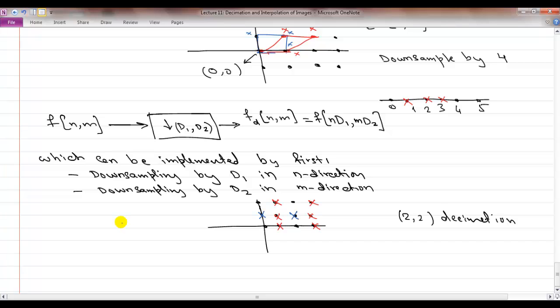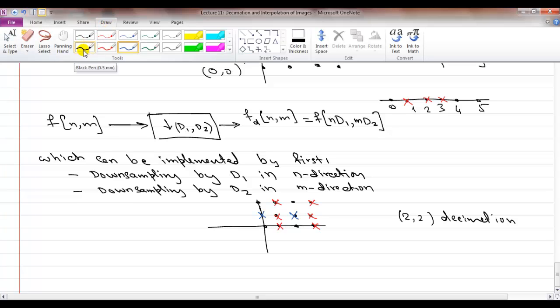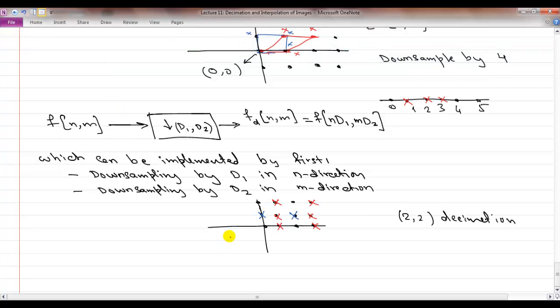Now, what does downsampling do in the case of images? Let's say you are given an image which has all these pixels, and you think of these samples as your pixels. Then this 2,2 downsampling is going to reduce your pixel count by 4-fold.